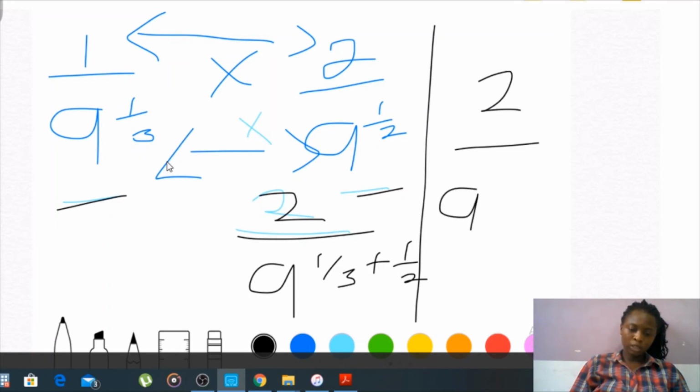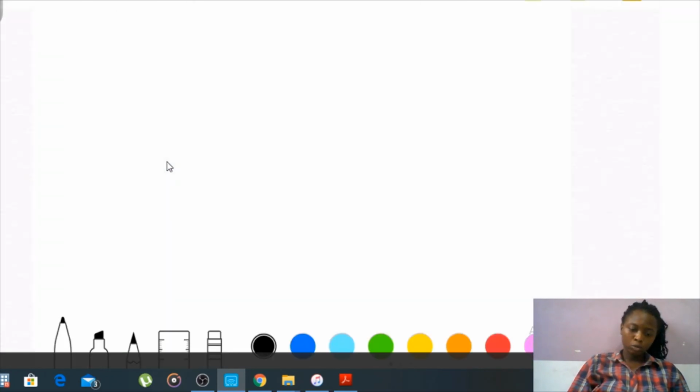For the exponents, we need our LCM, which is 6. 3 goes into 6 2 times, so 2, plus 2 goes into 6 3 times, so 3. So this is 2 over a raised to the power 5 over 6.